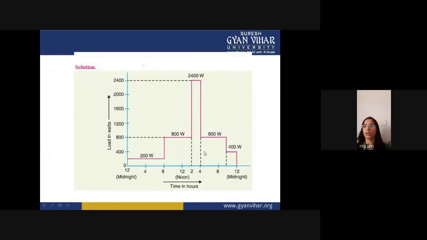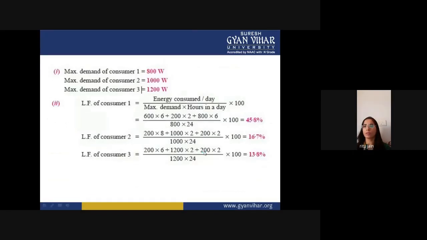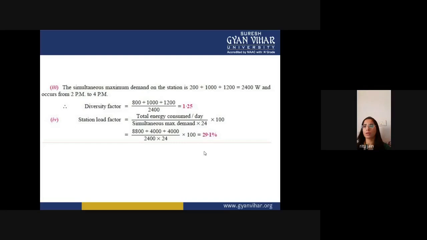Okay, and individual maximum demand is already given, 800 plus 1200. So you can easily calculate the diversity factor of this station, which is 1.25. So the sum of individual maximum demand is this, and the maximum demand by your substation is 2400, which is equal to 1.25.